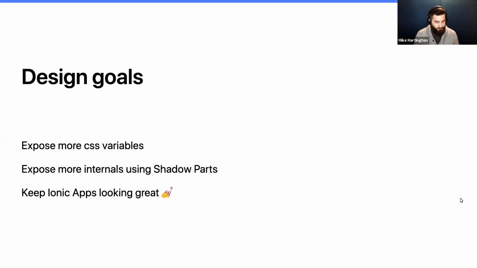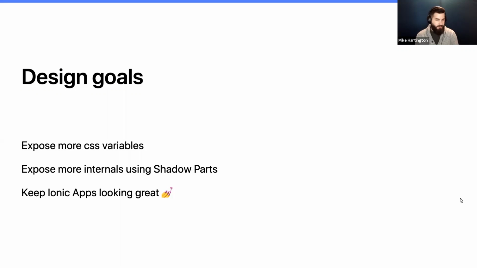Now, this allows us to expose internal components of our Ionic components without you having to go through and declare the CSS using important or hack inside of the web component themselves. This is something that we're heavily experimenting with. It is shipping now in Chrome and Safari. And we really are excited to see shadow parts become a standard and be available on all browsers.